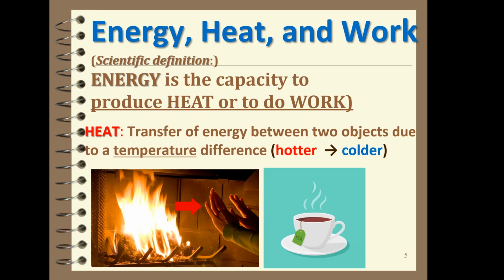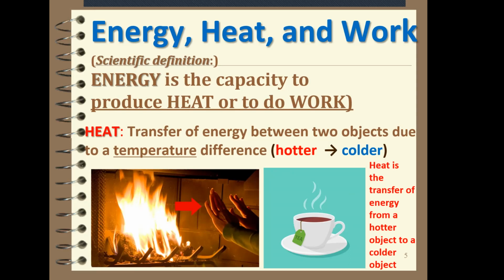Heat we're defining as the transfer of energy between 2 objects due to a temperature difference. Or you could say heat is a transfer of energy from a hotter object to a colder object. It always moves from the hotter object to the colder object, like you can see in these 2 pictures. The heat goes from the fire to your hands, or from a hot cup of tea to the surroundings.